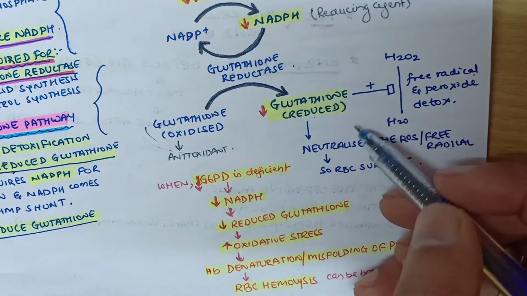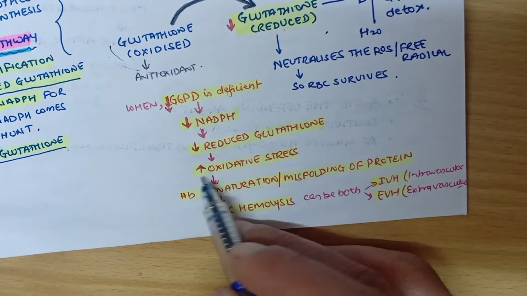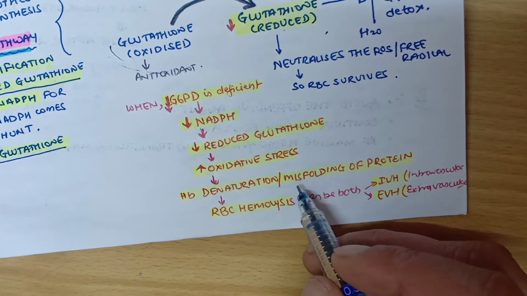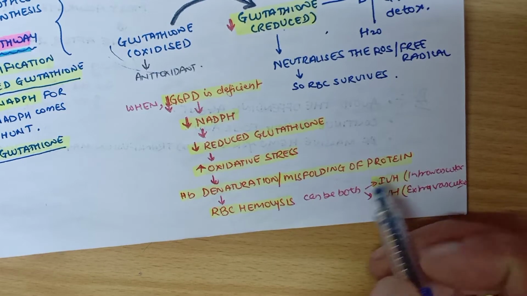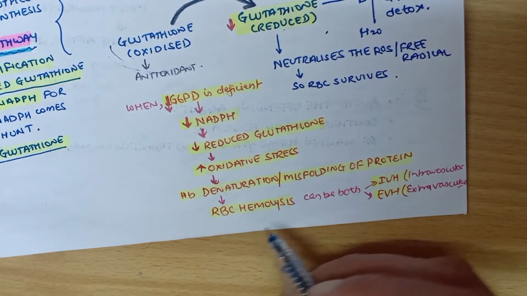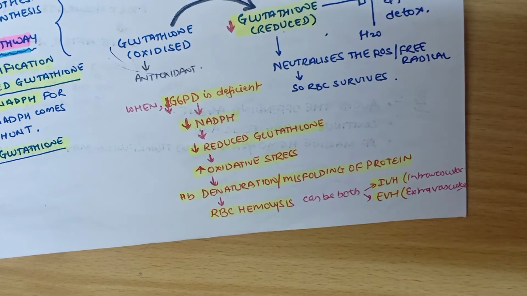So now this will cause an increase in oxidative stress, so hemoglobin denaturation will occur, which will also cause misfolding of protein, and there will be RBC hemolysis, which can be both intravascular or extravascular hemolysis.